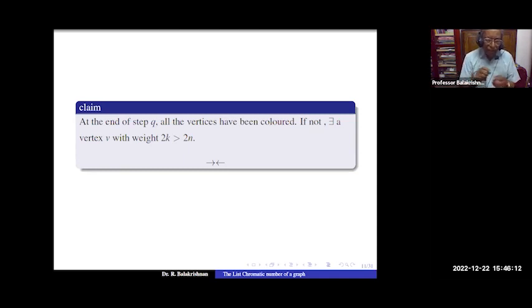At the end, this particular vertex that has been left out has weight 2^k. But what is our k? k is the floor of log n with respect to base 2, plus 2. That's how we define the number k. Floor of log n with respect to base 2 plus 2, and you multiply it by 2.